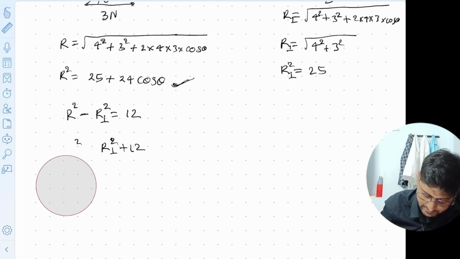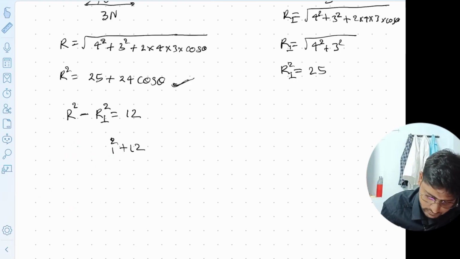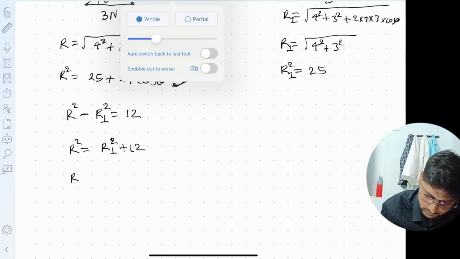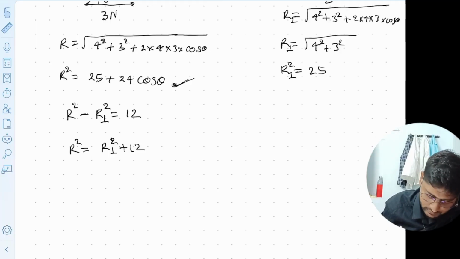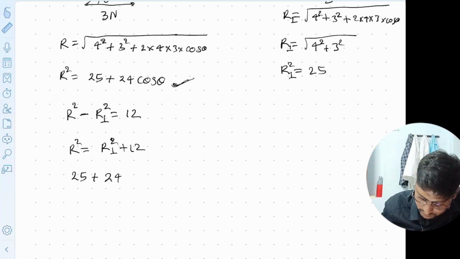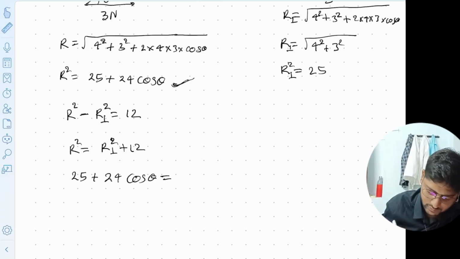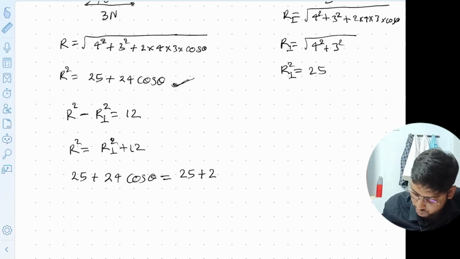So we directly write here: 25 plus 24 cos theta equals 25 plus 12.